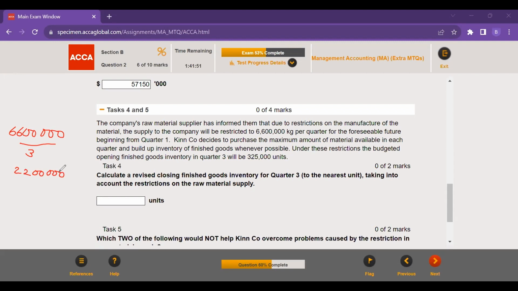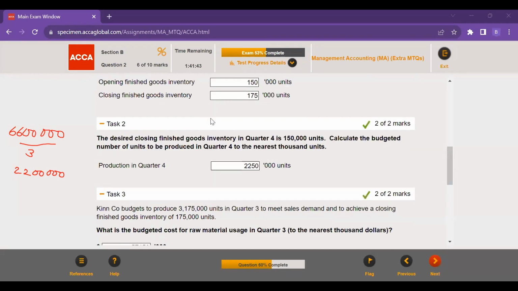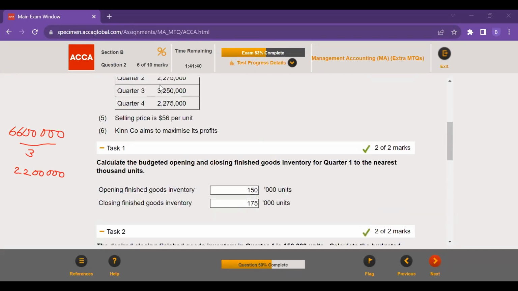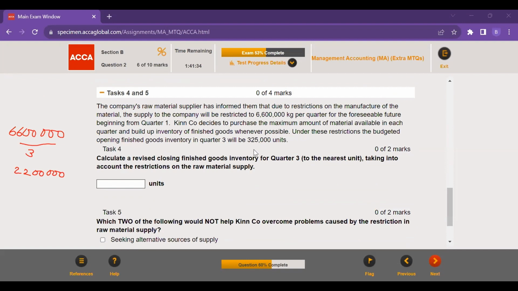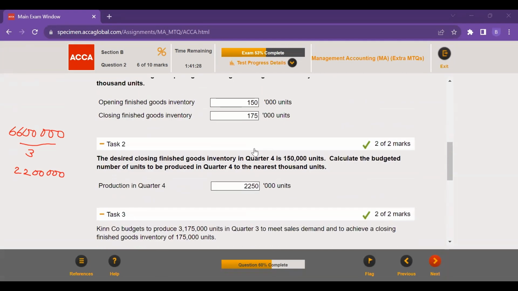So, if you take into account the opening inventory of 325,000 units, the company, let's have a look at the quarter 3 sales. So quarter 3 sales are only going to be 3250. So that means that they have an inventory of 325,000 already, and they will only be able to sell 2,525,000, right?